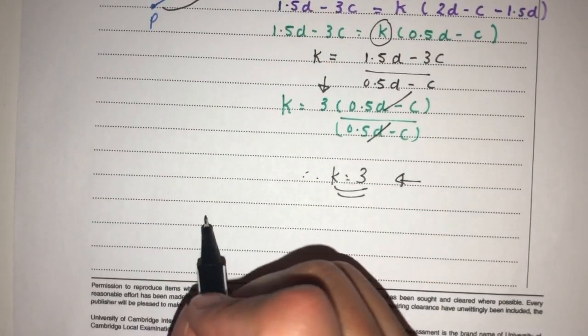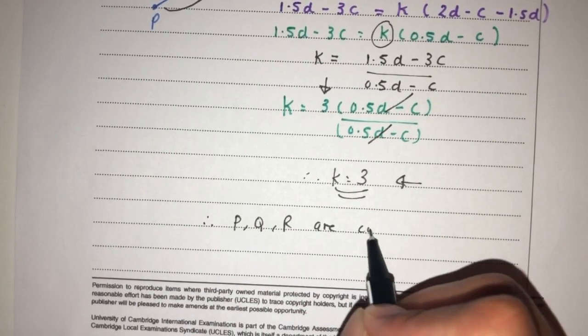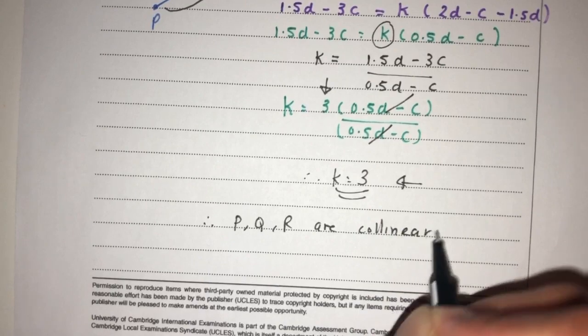Because of that, we have shown that P, Q, and R are collinear. That is one way of showing that they are collinear.